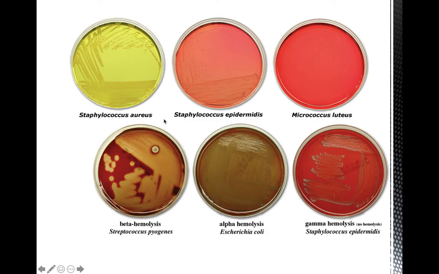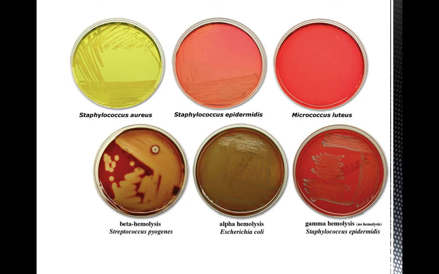And if we compare the pathogenicity of S. aureus and S. epidermidis, S. aureus is more pathogenic by multiple orders of magnitude. So in a way, the capacity to use a specific sugar or carbohydrate is a potential indication of pathogenicity.